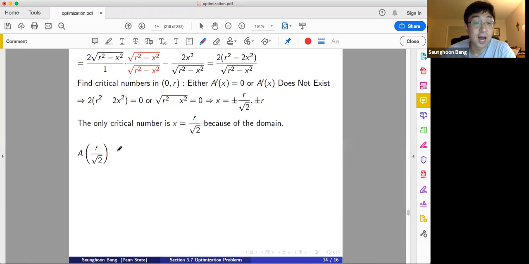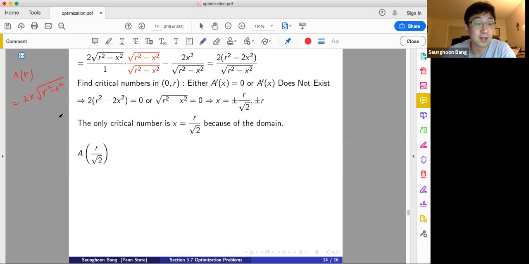You can plug r over root 2 into A of r. Do you know this A of r? A of r is 2x times the square root of r squared minus x squared.